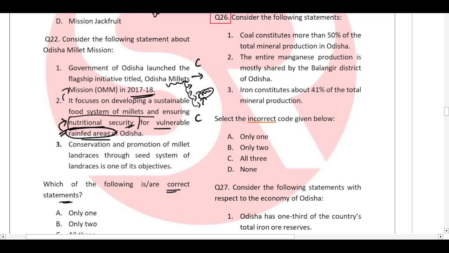So conservation and promotion of millet landraces through the seed system of the landraces is one of its objectives. Before we jump into it, we need to understand what a plant landrace is.